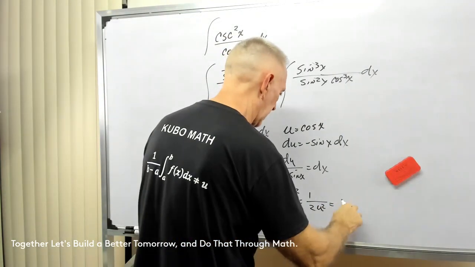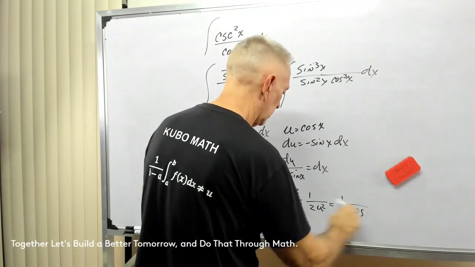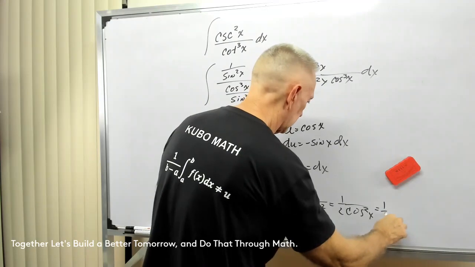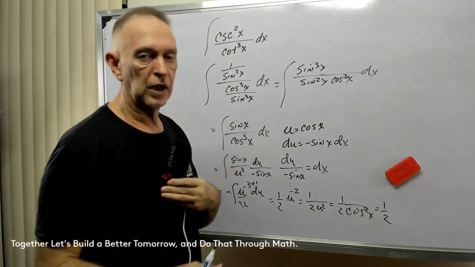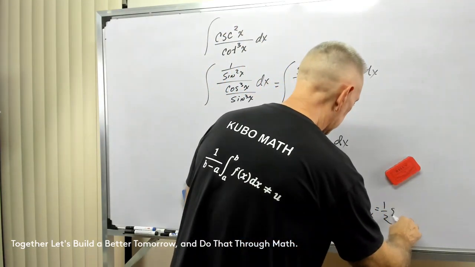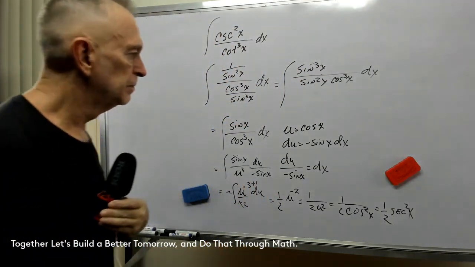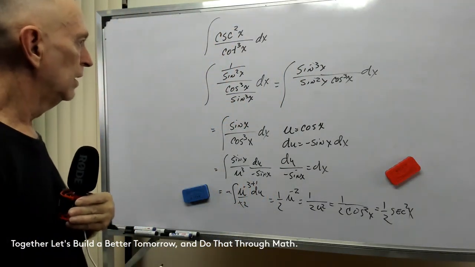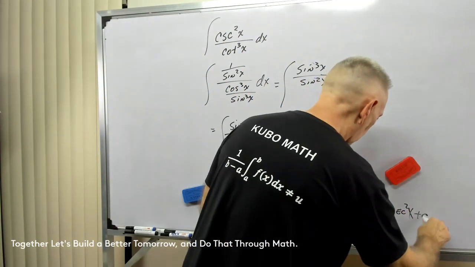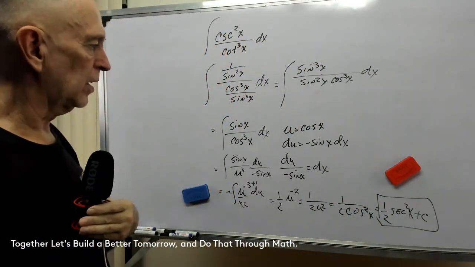Cosine x. So we have 1/2 over cosine squared x. What is 1 over cosine squared? Well, it's secant squared. So I have 1/2 secant squared x, plus c. Man, we almost lost a point there in school. 1/2 secant squared x plus c.